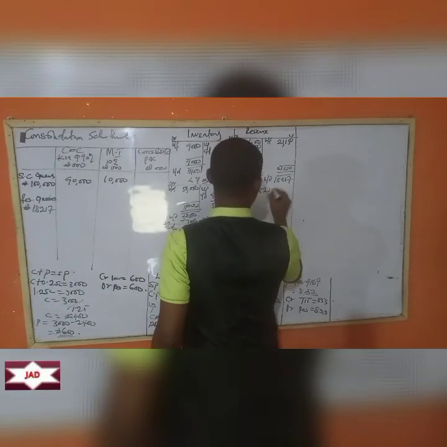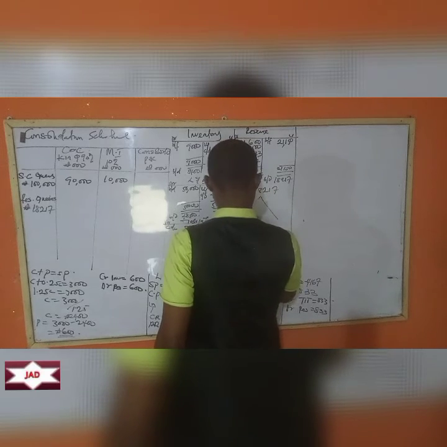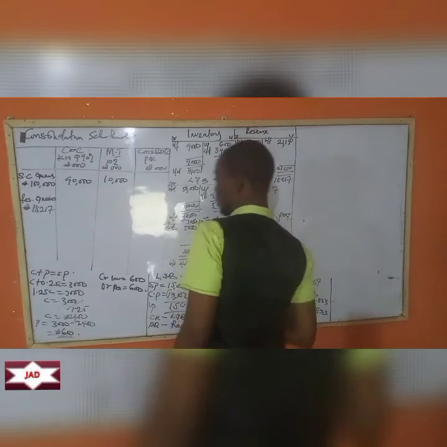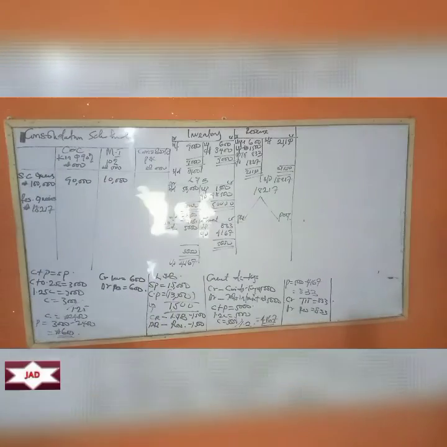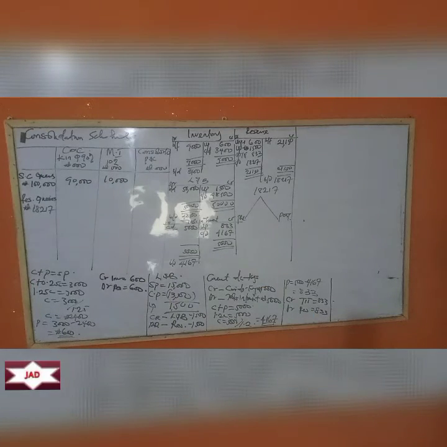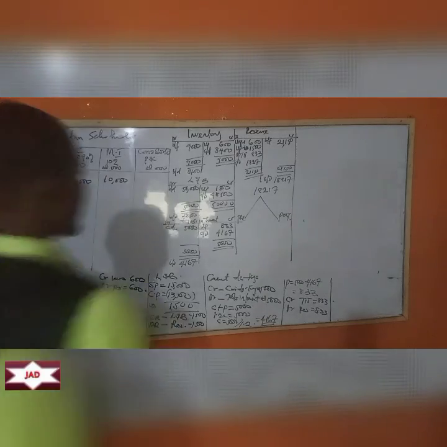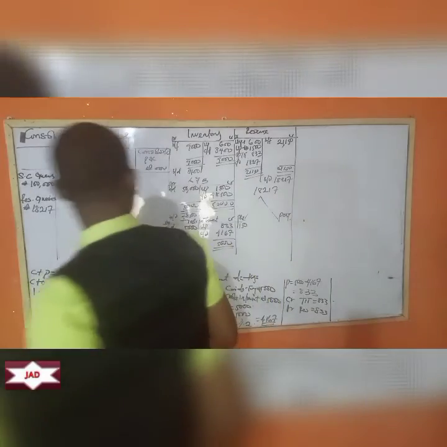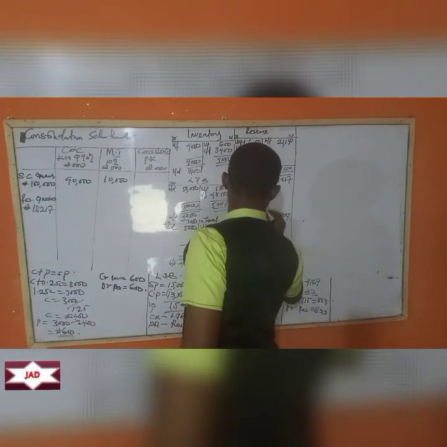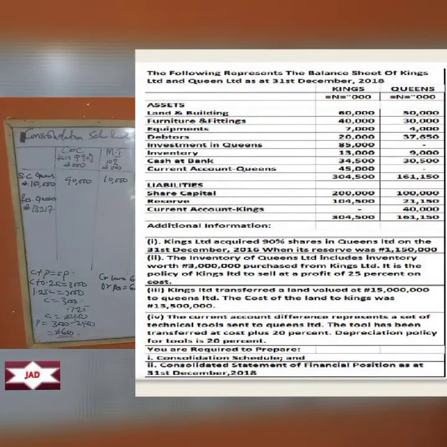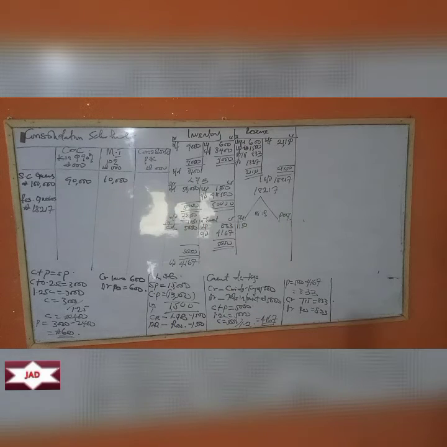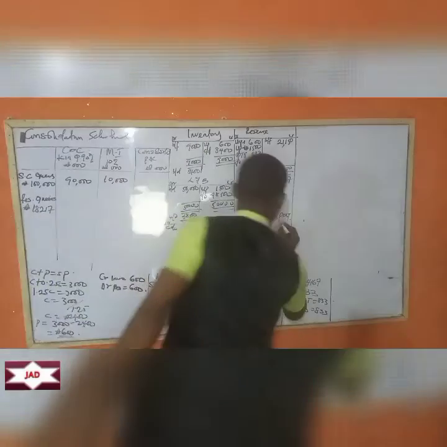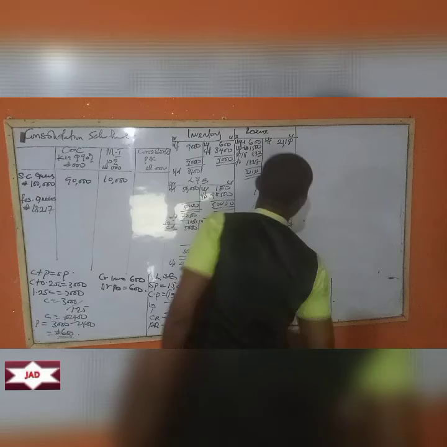So we split 18,217 into pre and post. What's the pre? The pre there is 1,150. Minority interest is 10%. What will be the post? 18,217 minus 1,150 is 17,067.